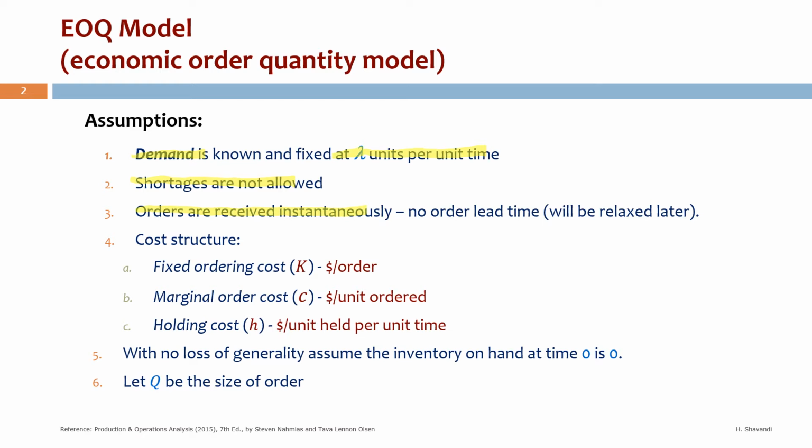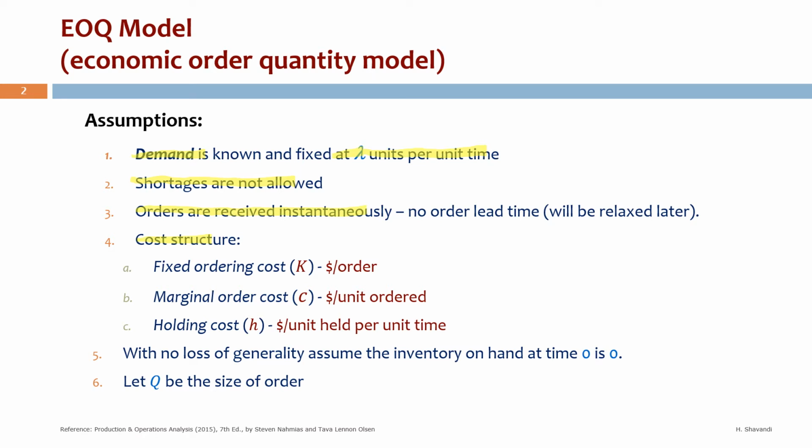I mean, there is no lead time. The time that we place an order, we will receive the order immediately. So there is no delay here. This is a simplifying assumption in order to have a simple model, but later we will relax this assumption.